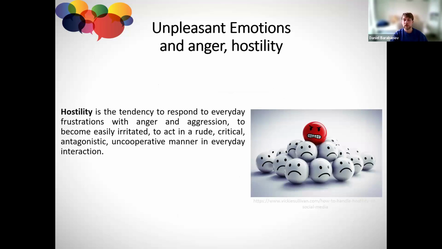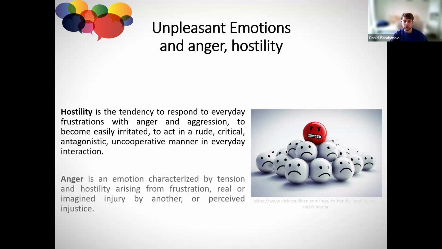And hostility basically is a tendency to respond to everyday frustrations with anger and aggression, right? So no one likes frustration, but people do not necessarily respond to frustration with anger. Some people respond with sadness, some people respond with passivity, but some people are more prone to hostile responses. And anger is different.